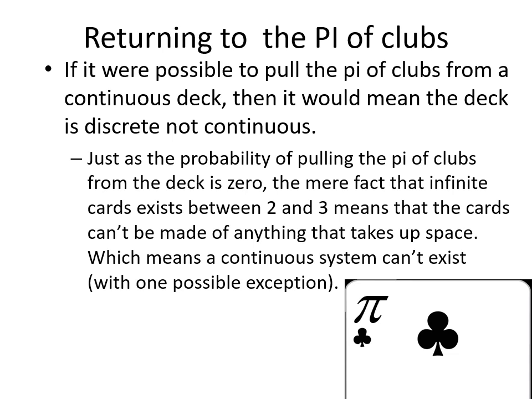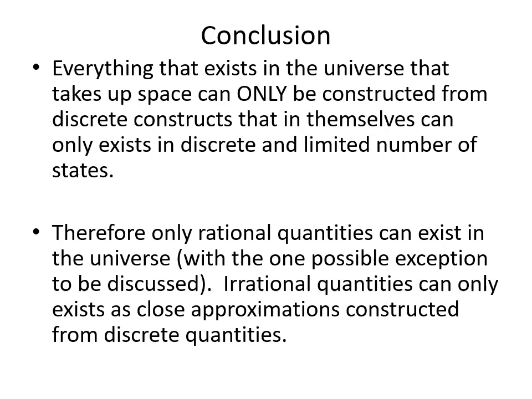Now, there's one possible system I came up with. Maybe you can come up with another, but we're going to talk about this one possible system a little bit later. So the rest of the slides I'm going to talk about are basically except for this one possible system. Everything that exists in the universe that takes up space can only be constructed from discrete constructs that in themselves can only exist in a discrete and limited number of states.